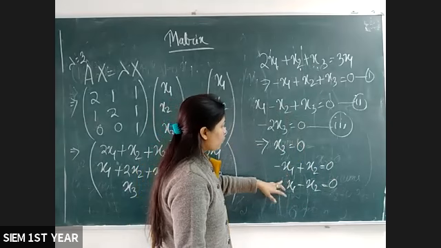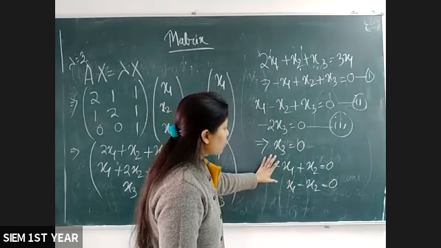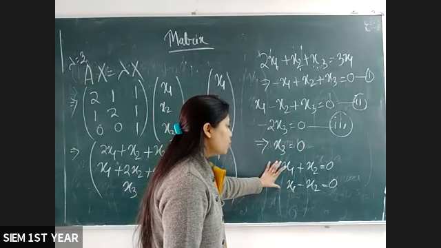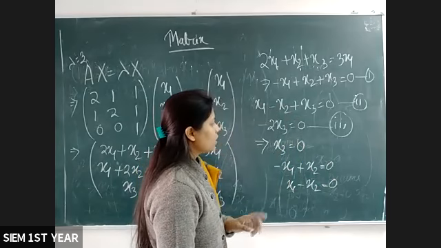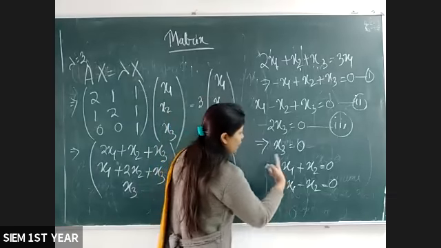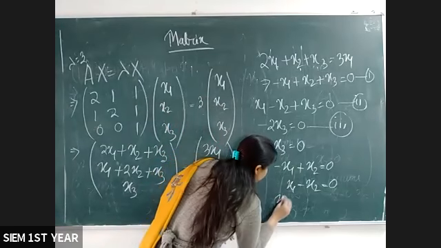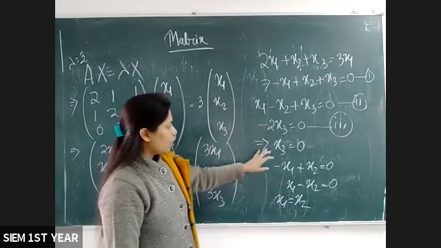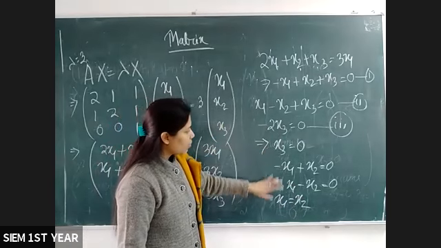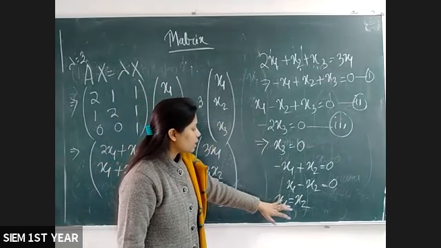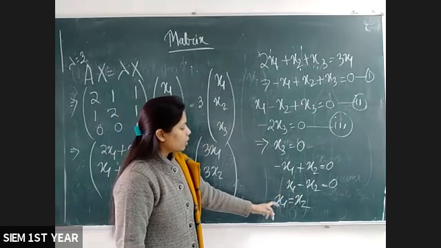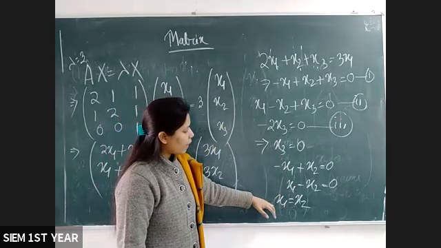Okay, so from this again, you cannot solve for the values of x1 and x2, so you have to just consider one relation. You can take any one of the expressions and you will get x1 is equal to x2. So we already got the value of x3, but we get a relation between x1 and x2. So you can consider any particular value of x1, x2.